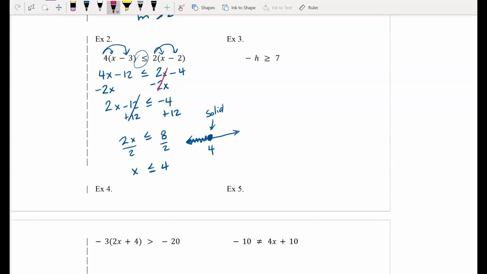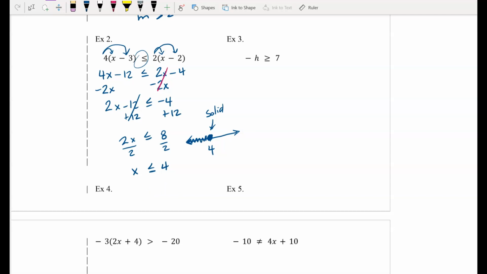One thing that you can do if you're confused about which way to shade, if you just want to check, is to pick a number on one side or the other of 4 and substitute it into your answer. So if I picked 5, for instance, which is to the right of 4, and I put that in for x in my inequality, then I would have 5 is less than or equal to 4, and we know that that's false. That means I'm not going to shade on the right side of 4, I'm going to shade on the other side.